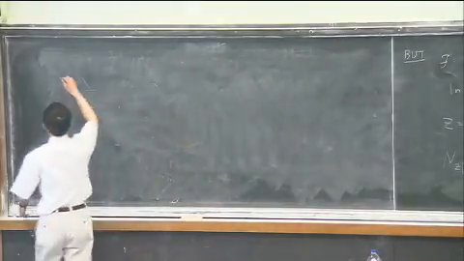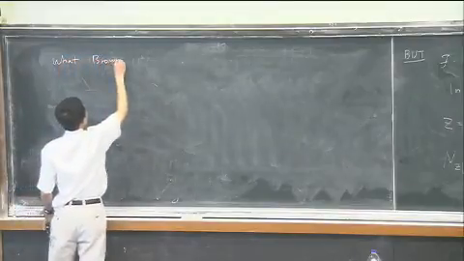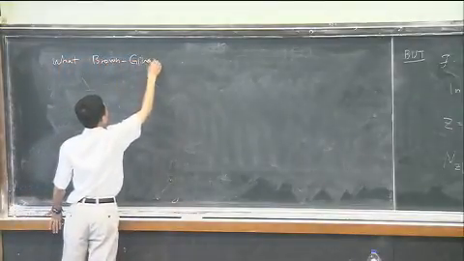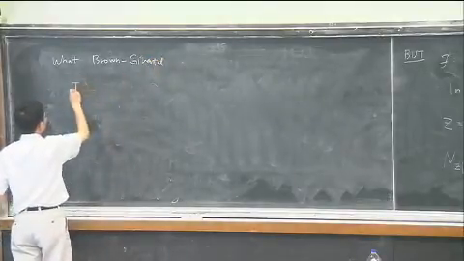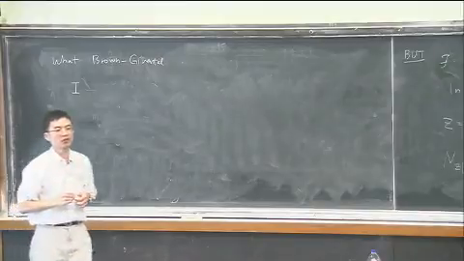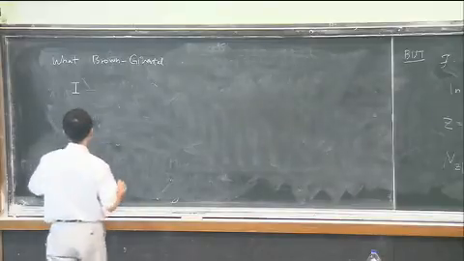So Brown-Givental wrote down, and it's relatively very easy to guess what the I function should be. So it's very easy to write down what the I function is.